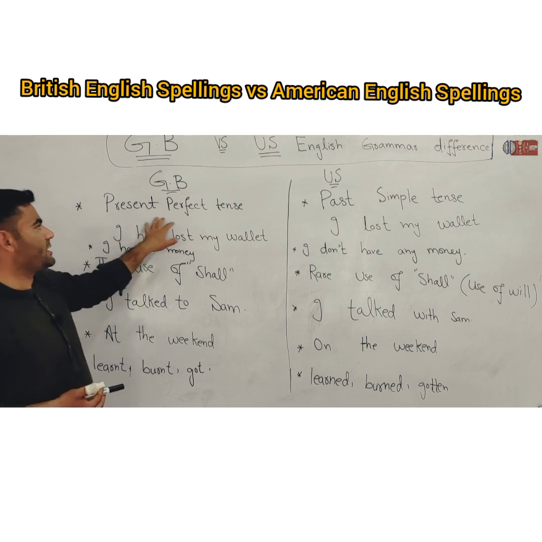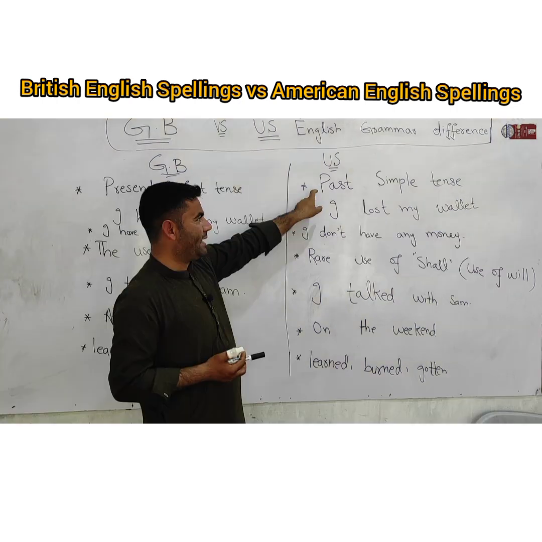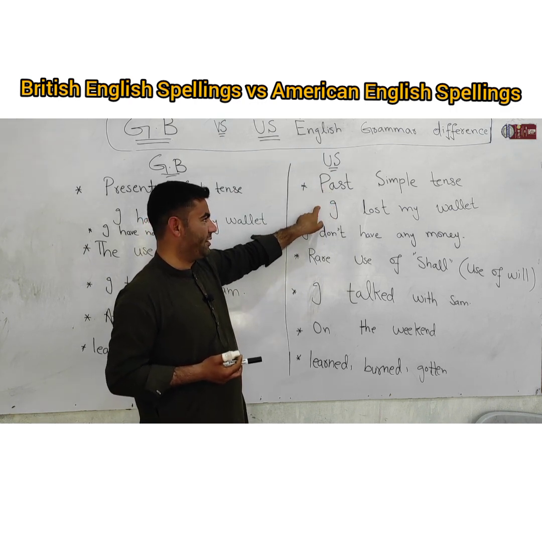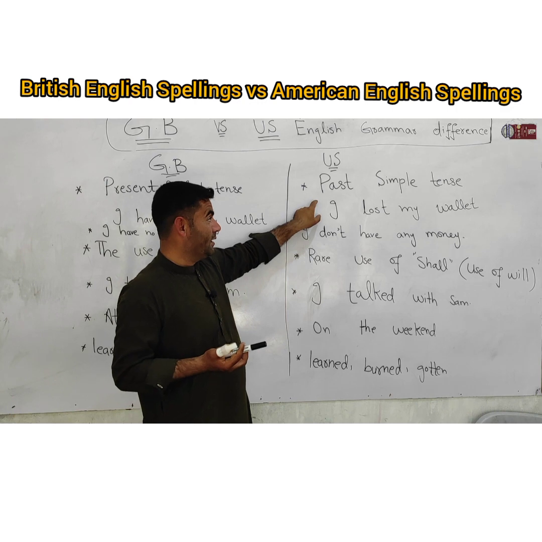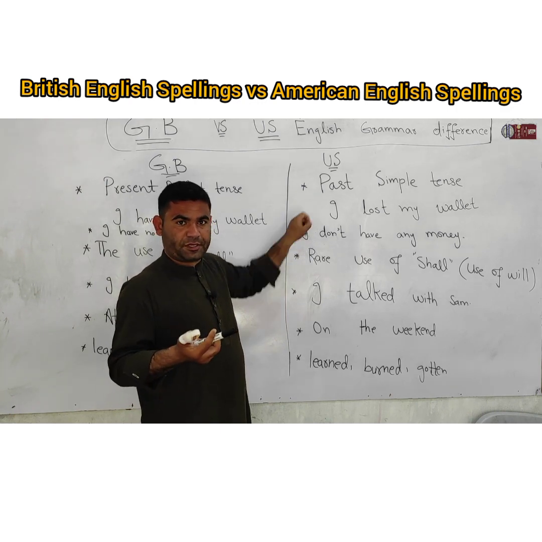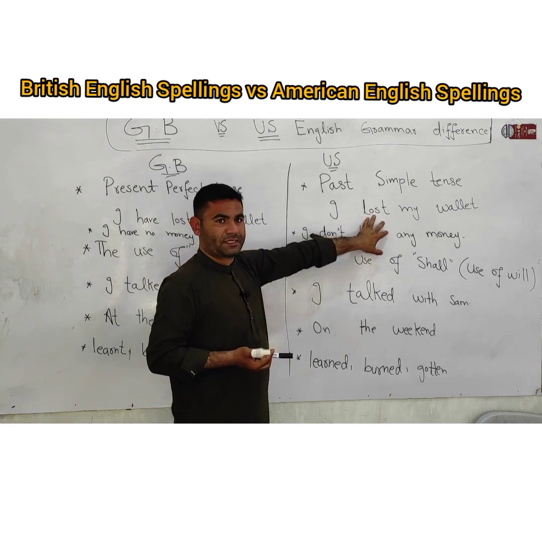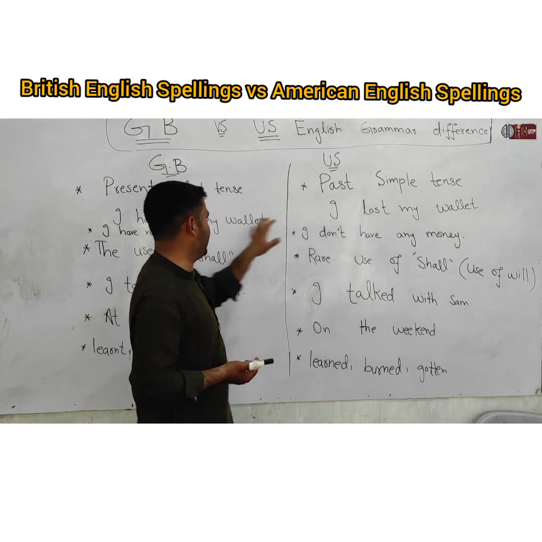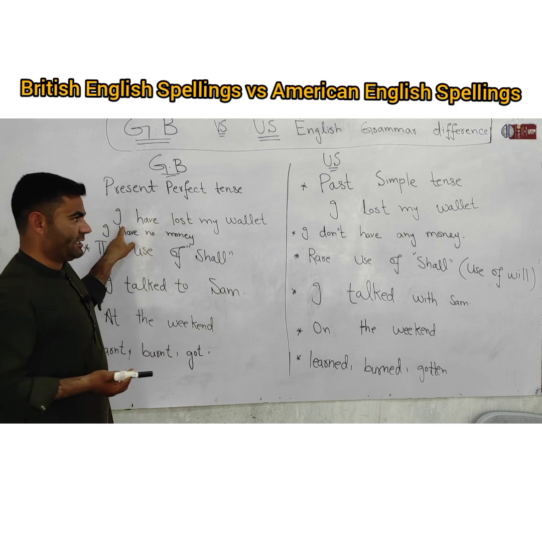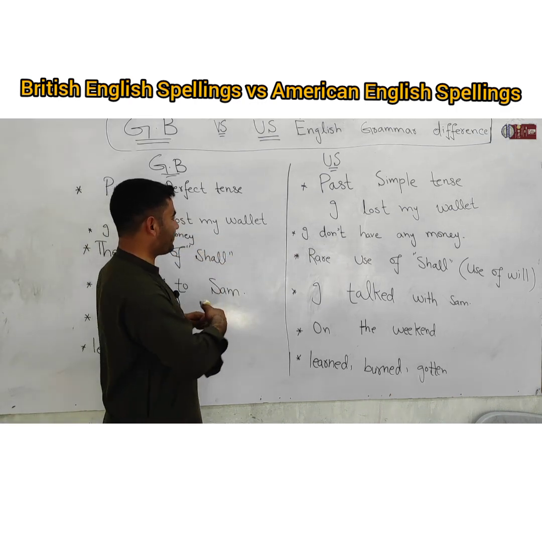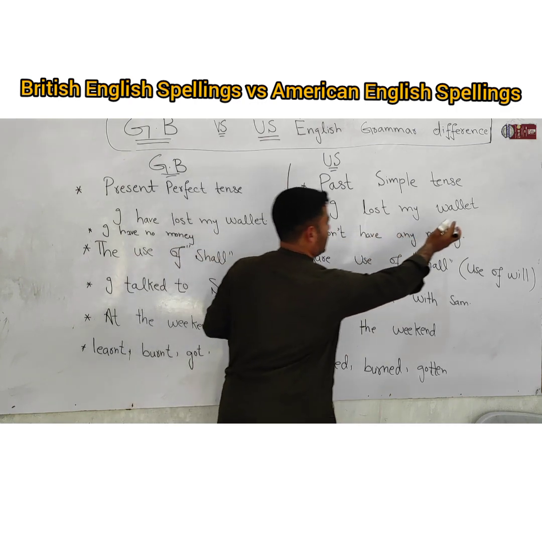First of all, present perfect tense. Americans will use past simple tense instead of present perfect tense. Not all the time, Americans do use present perfect tense as well, but most of the time they use past simple tense in place of it. For example, if the British say "I have lost my wallet," Americans will say "I lost my wallet."